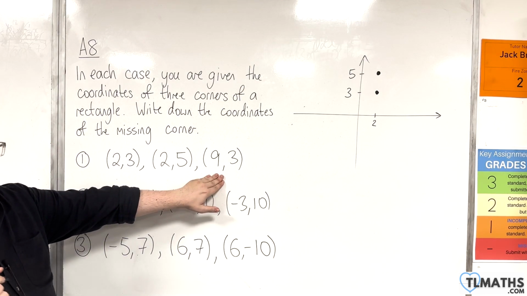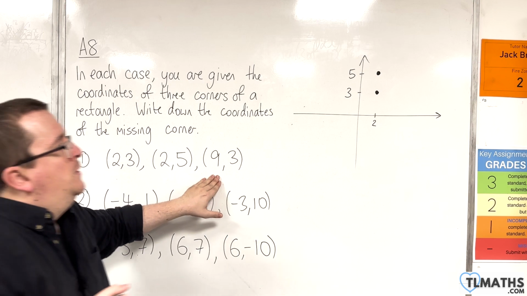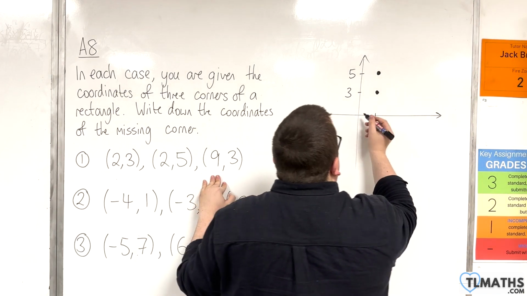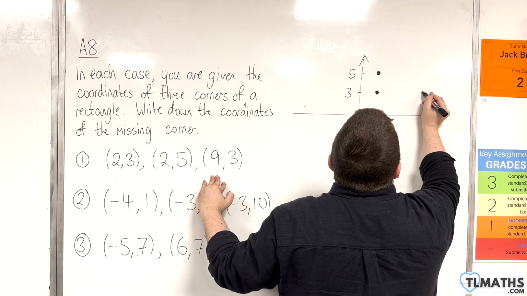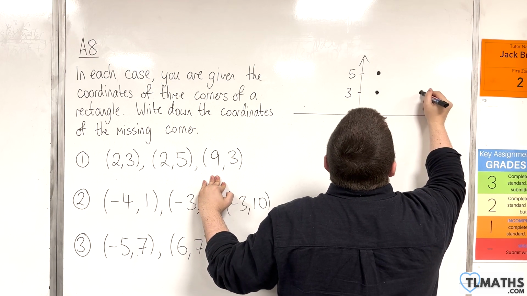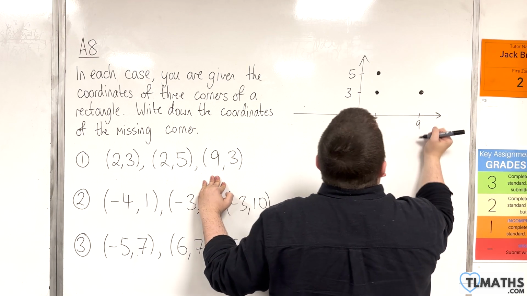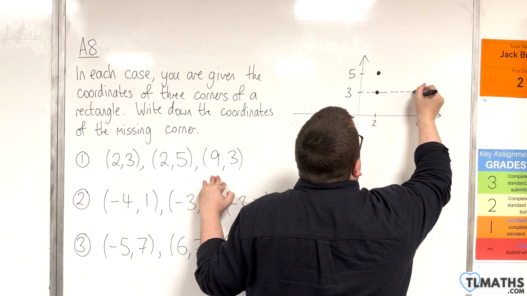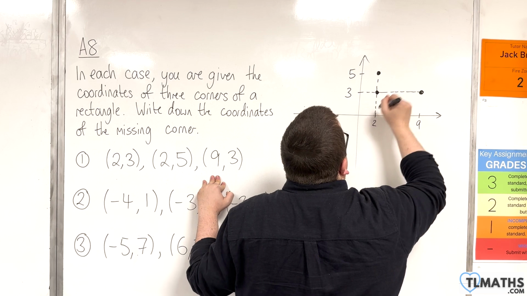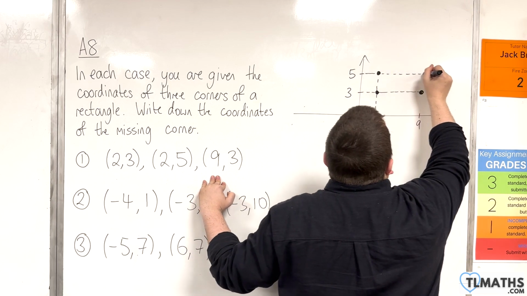Then we've got 9, 3. So that would be 9 along the corridor and then 3 up the stairs. So it'll be somewhere there, let's say. So that's 9. Okay, so we have this situation going on here, right?